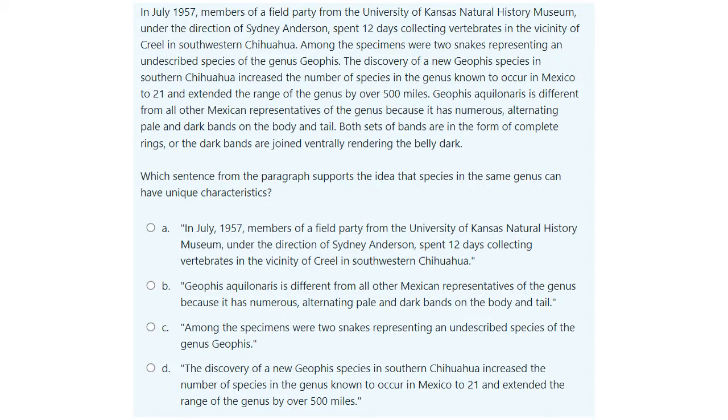Which sentence, again, we don't need to read the passage, we need to read the sentences that we're given. Which sentence from the passage, from the paragraph, supports the idea that species in the same genus can have unique characteristics? So we're looking for something about the same genus, but different characteristics.